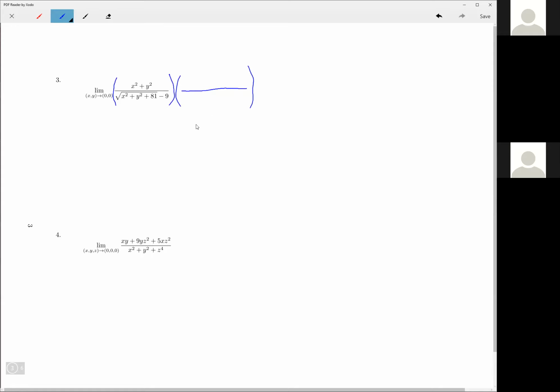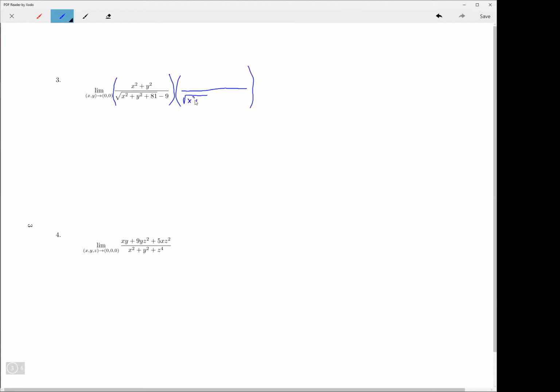And I'm sure that's going to work. So what would we multiply by? Is it the bottom part? No. The bottom part? Yeah. This part here? Mm-hmm. And then plus it.